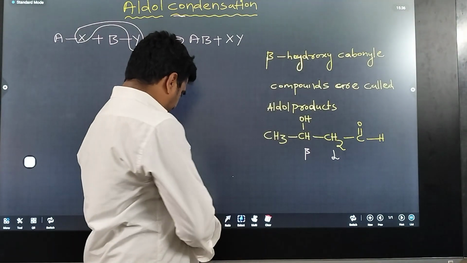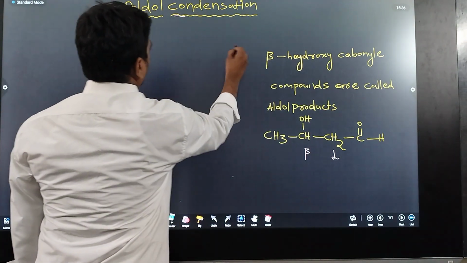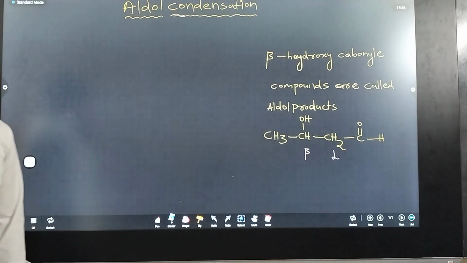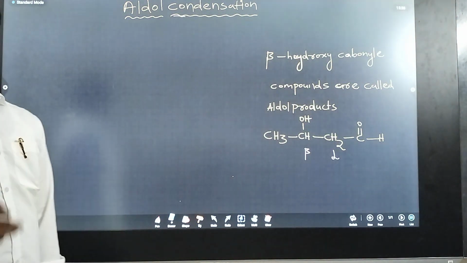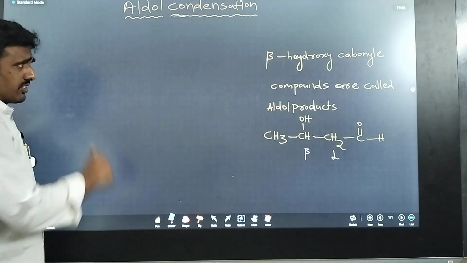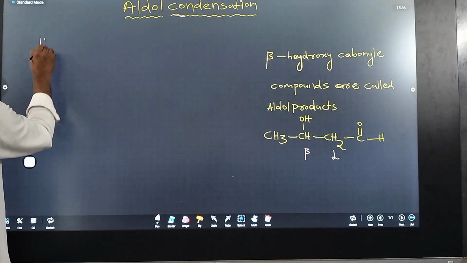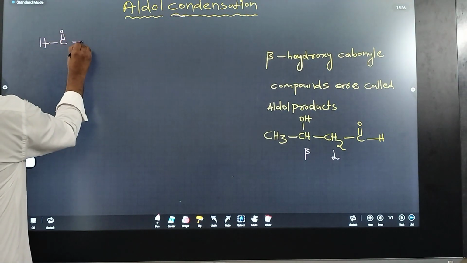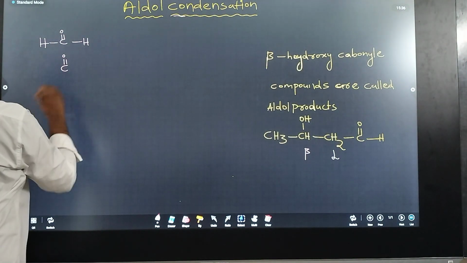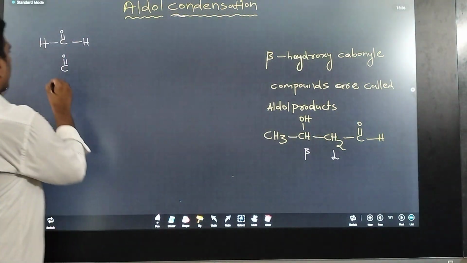Now, which compounds participate in aldol condensation? Alpha hydrogen containing carbonyl compounds participate in aldol condensation. What are carbonyl compounds? Carbonyl compounds are compounds which contain the C double bond O functional group.